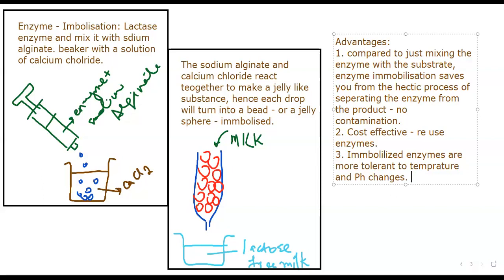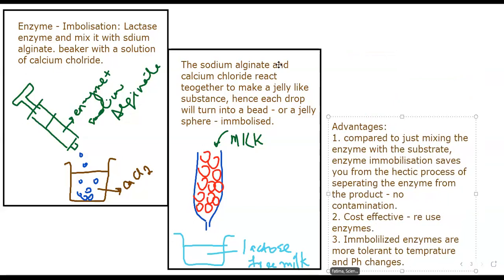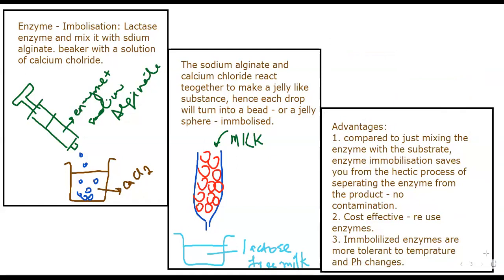So those are the advantages related to your topic of enzymes. And that is basically it. We are done with the topic of enzymes. In this topic, you need to have a good idea about the factors affecting enzymes and the theory behind it in relation to protein structure.